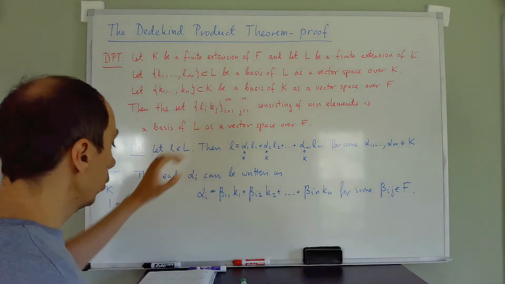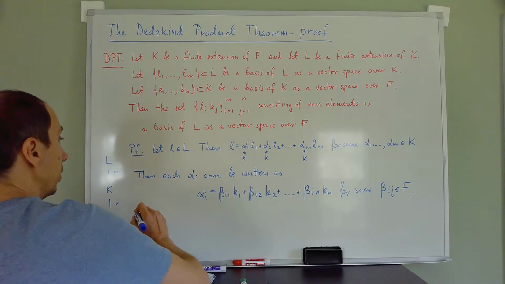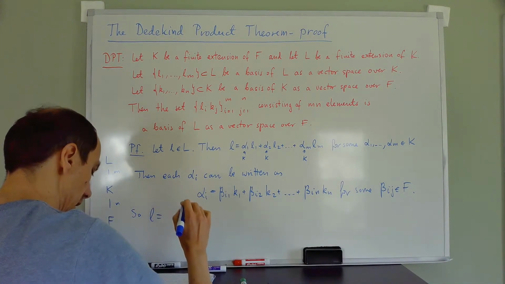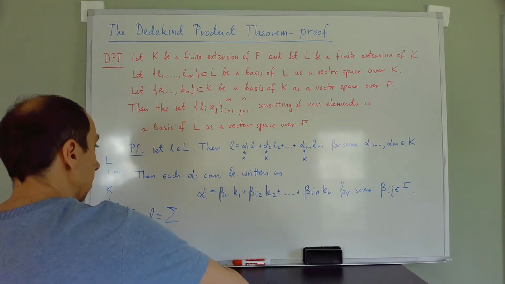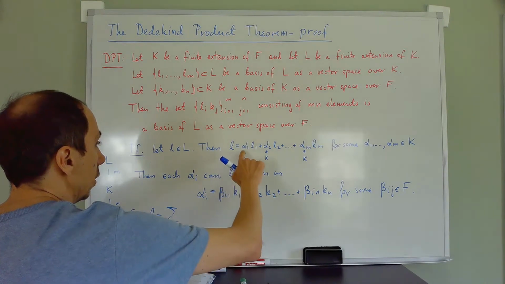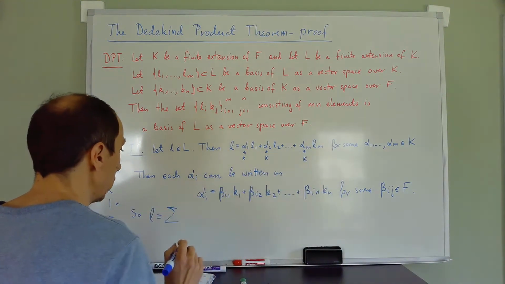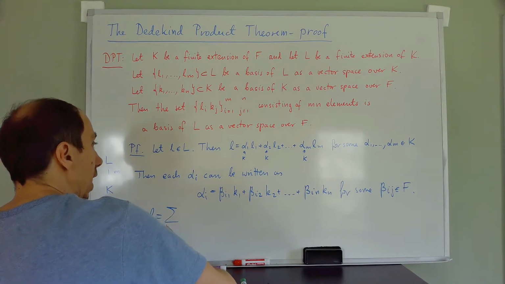Okay, so putting it all together, I'm going to use the sigma notation now because there are too many elements to write. So I can write l as the summation. First of all, alpha 1 is a sum like this and alpha 2 is a sum like this. So I get a summation over i and over j.